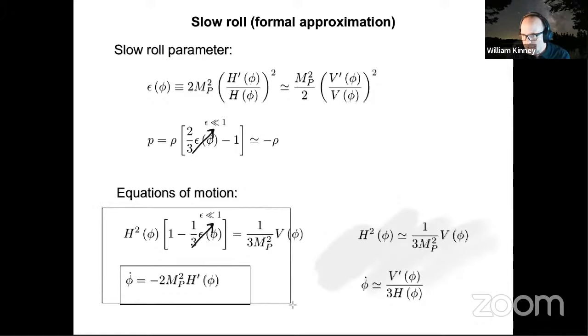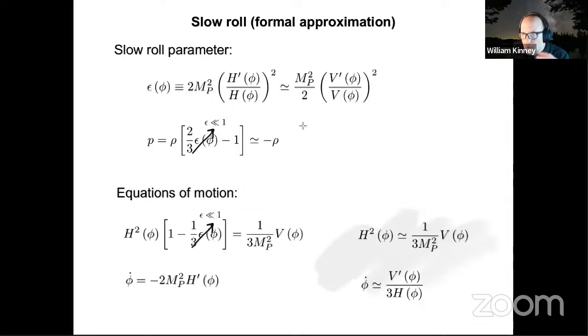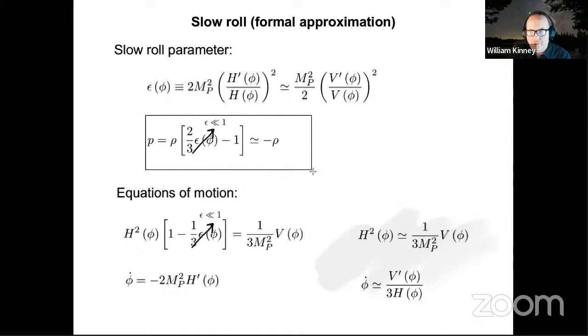So these equations are exact. These are slow roll approximations. And so in the slow roll limit, as long as epsilon is small, then I can write phi dot is equal to V prime over 3H. I end up with the same result that I got before. So this is simply a more rigorous way to derive the slow roll approximation directly in terms of the equation of state for the scalar field, and dividing it up into inflationary and non-inflationary spacetimes.